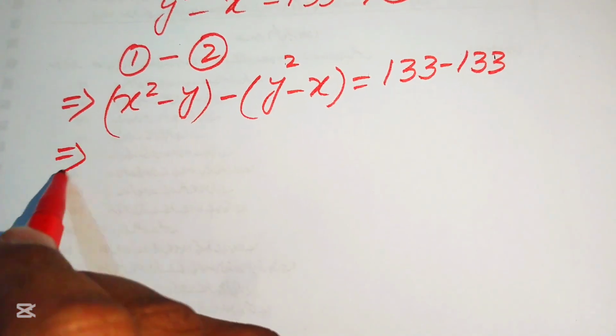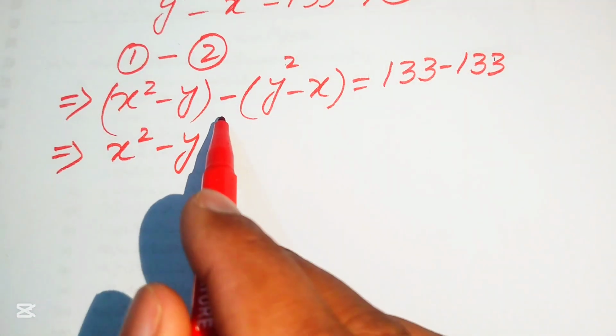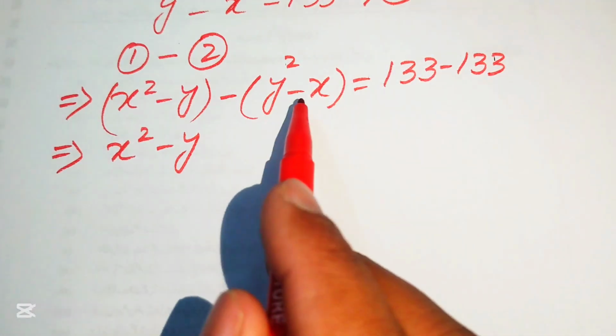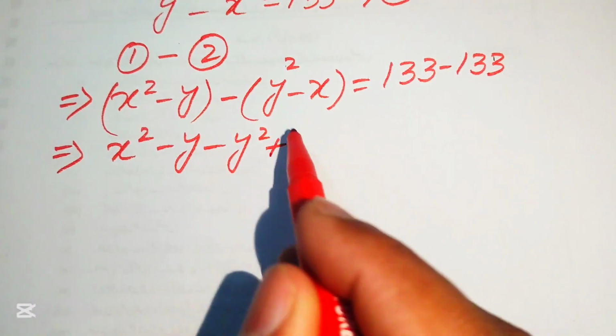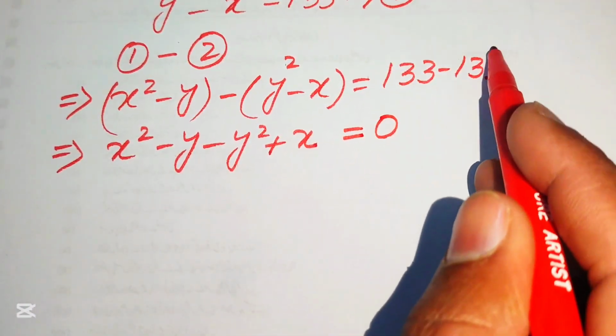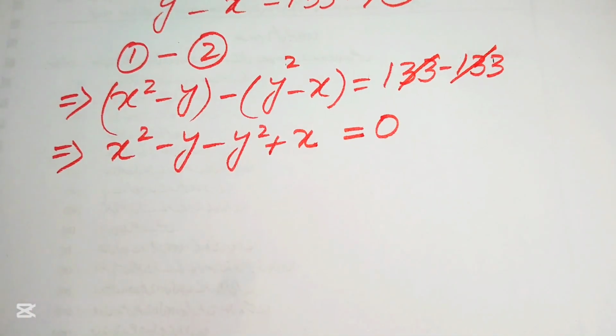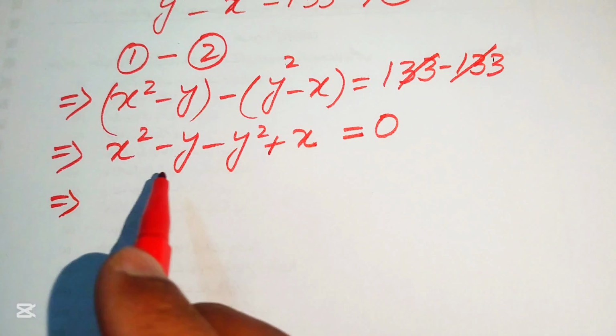Now first we need to open these brackets. We write x squared minus y, and we multiply the negative sign on both of these terms, so it becomes minus y squared, and minus times minus becomes plus x, and this equals 0 because 133 minus 133 cancel each other. Now we rearrange the terms.